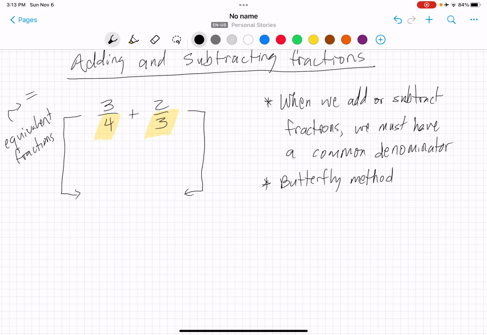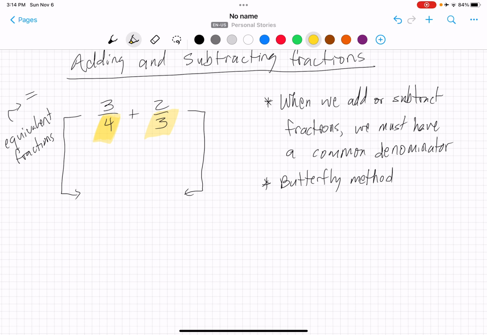So this is what we're saying, that these are going to be equal terms. We practiced in the past how to work with equivalent fractions, how we can make the fraction either larger or smaller. And the way we do it is we need to multiply both the denominator and the numerator by the same values.